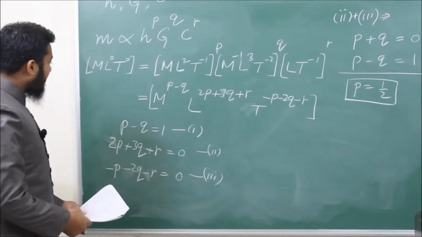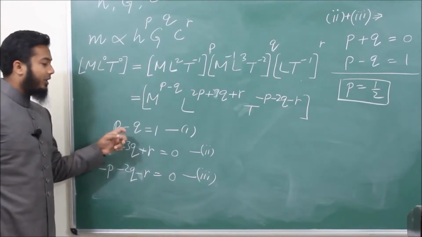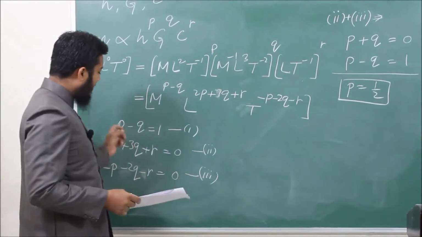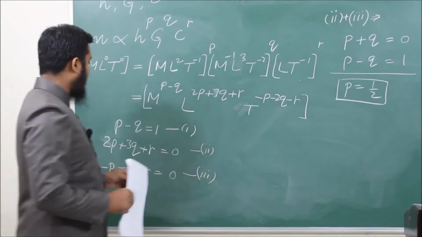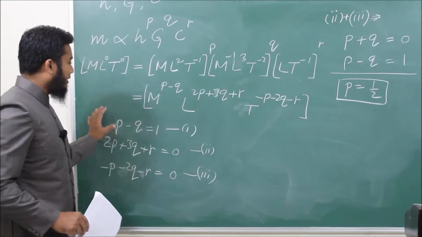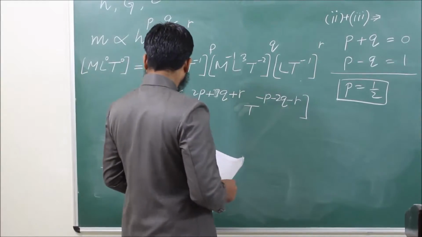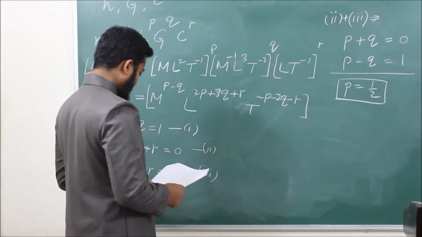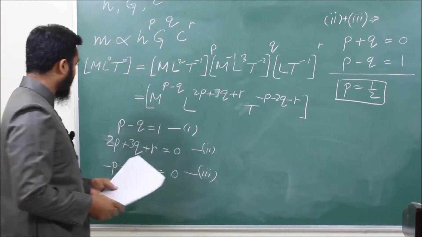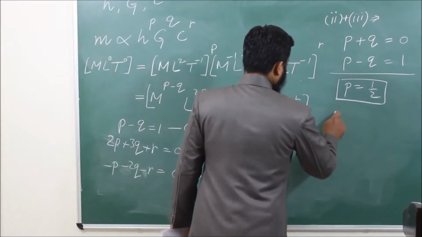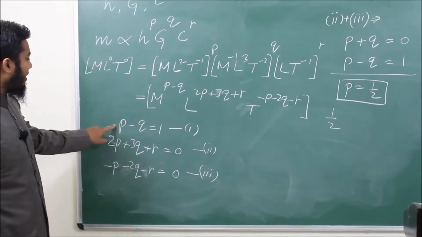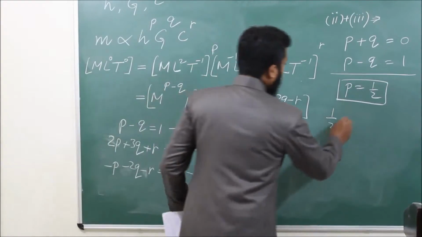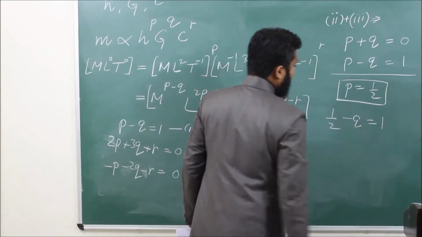Now if I put the value of p in equation 1, p is half, and minus q, and this is 1.